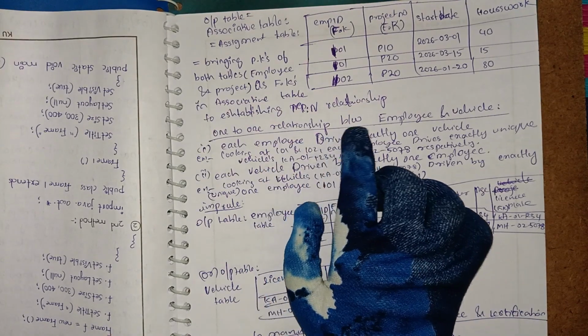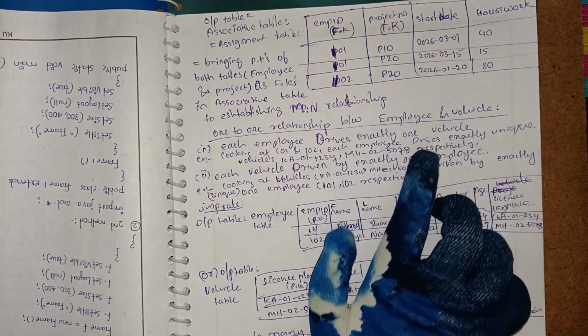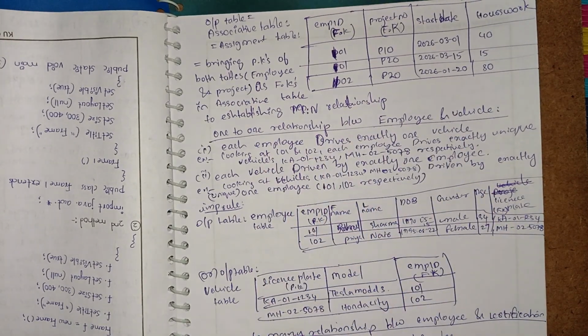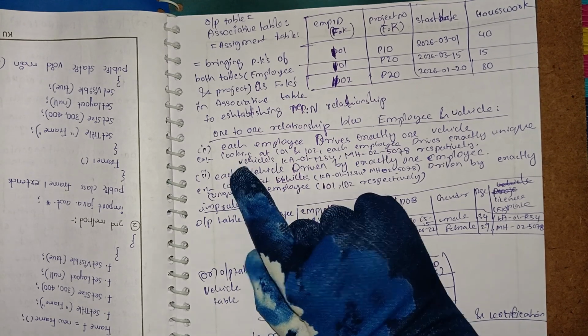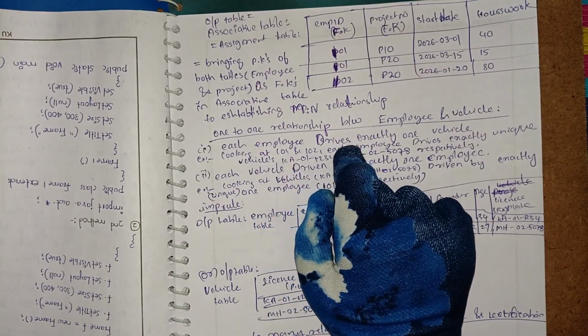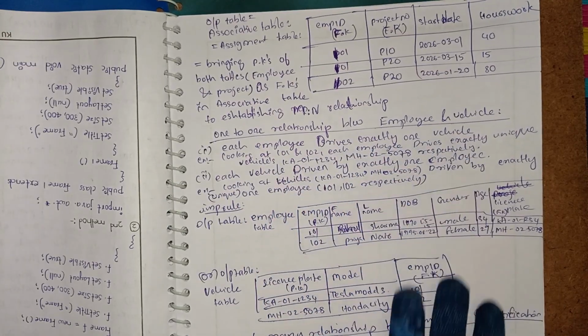And then one-to-one relationship between employee and vehicle. You already know the definition, that is each row in the first table is related to exactly one row in the second table, and each row in the second table is related to exactly one row in the first table. So that is each employee drives exactly one vehicle.